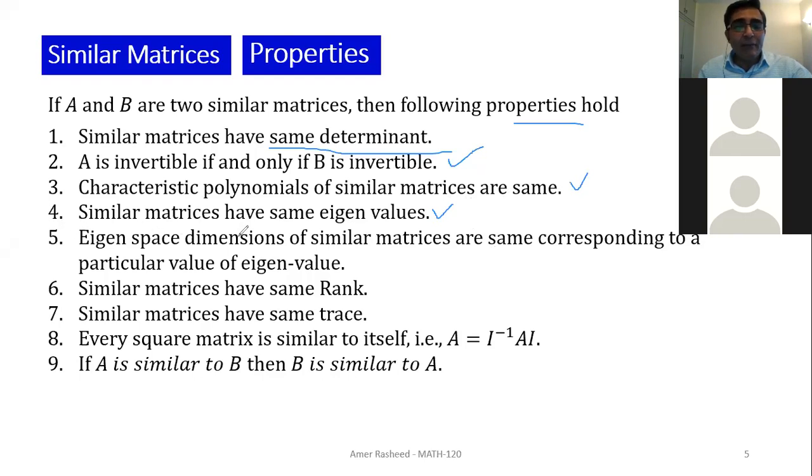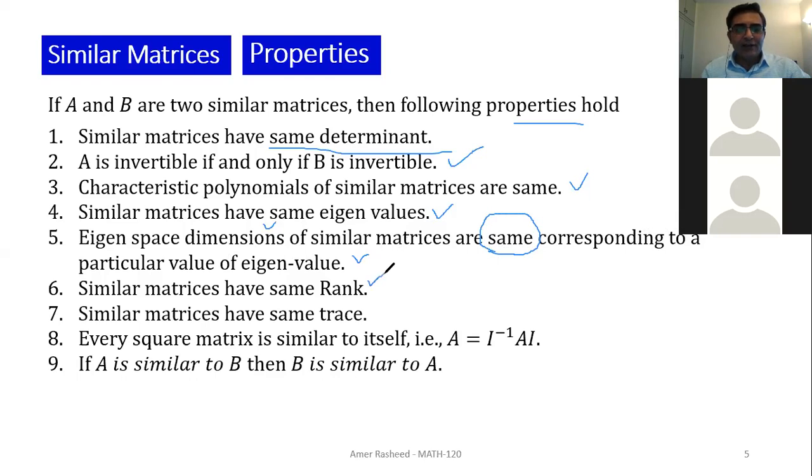Eigenspace dimension means the dimension of the eigenspaces of the similar matrices corresponding to a particular eigenvalue should be same. Means the geometric multiplicity of two similar matrices are same.